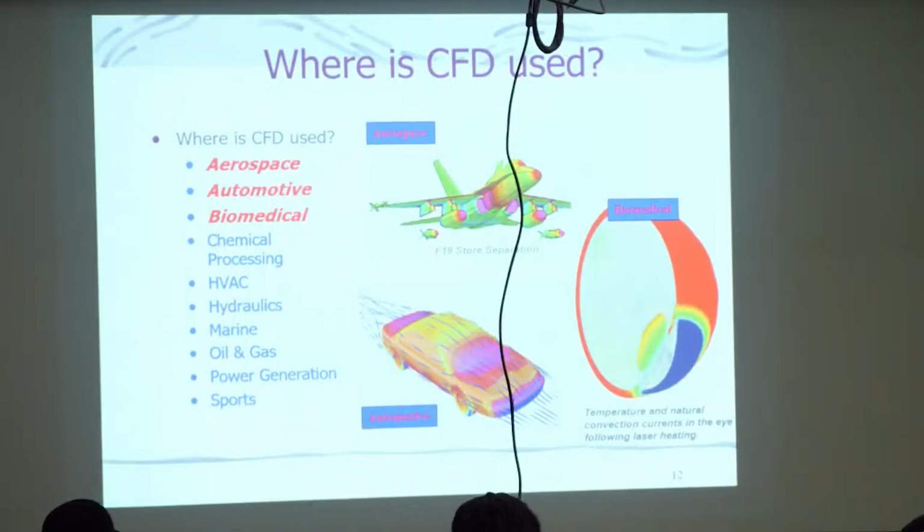The release of these missiles that are attached to it, the impact forces, or even the wake around the aircraft as it impacts other fighters in its vicinity, all can be analyzed by CFD.